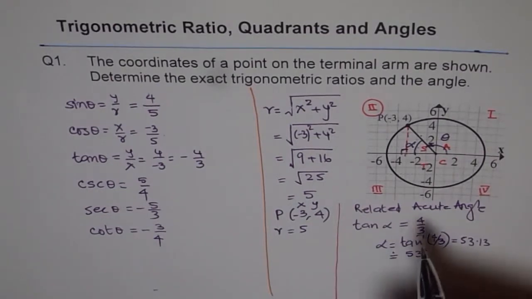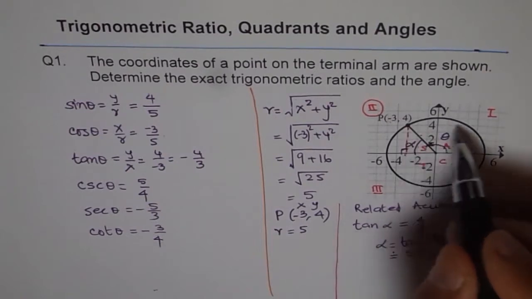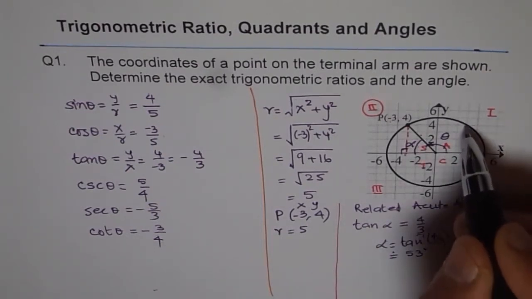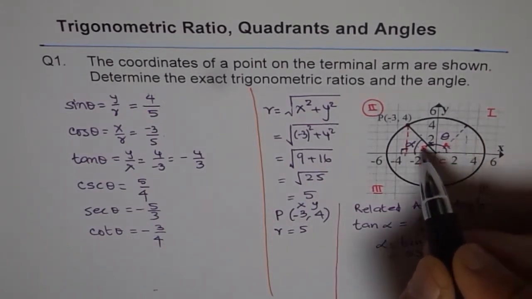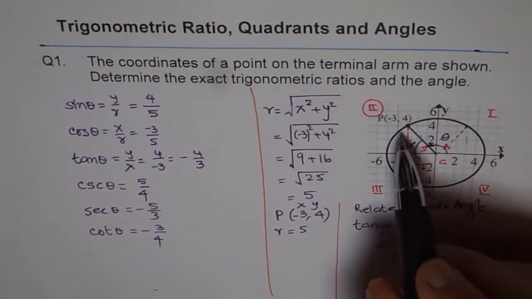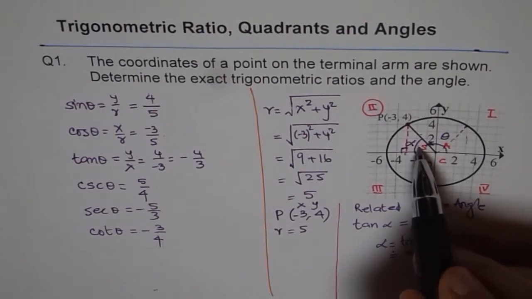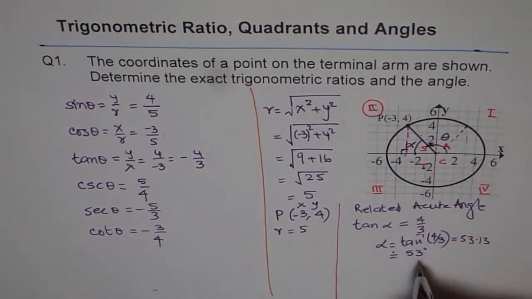Note, we didn't take any signs. Just consider one triangle like this, as if it is in quadrant 1, and a congruent triangle here. These will be the same angle. So we are interested in solving this particular triangle and finding that related acute angle, 53.